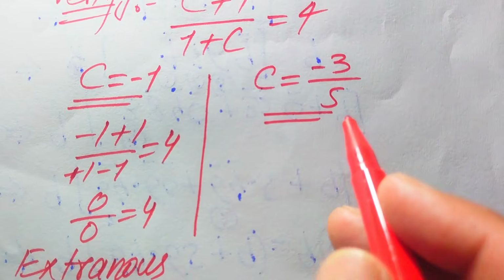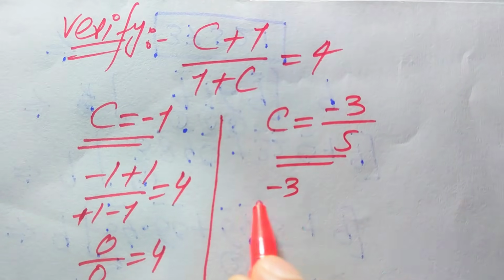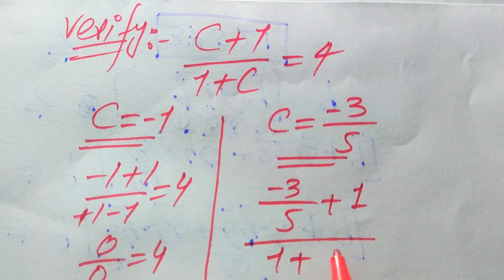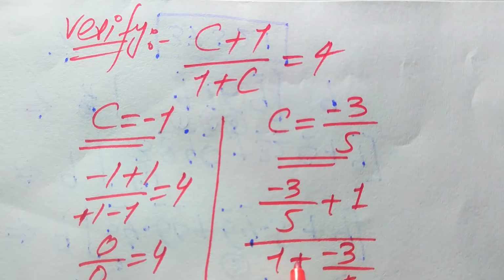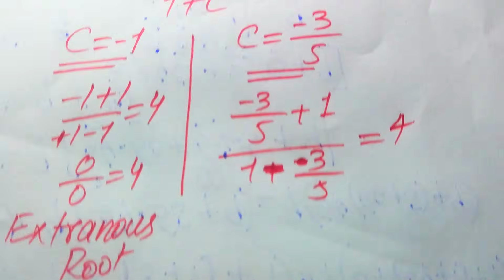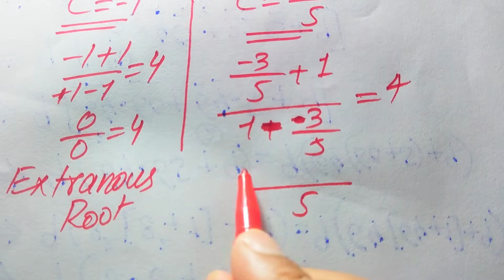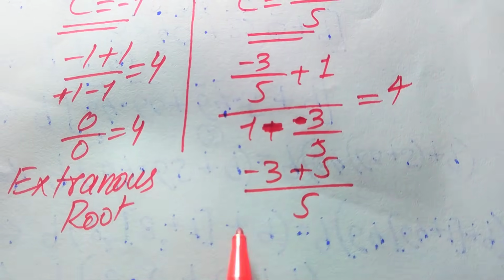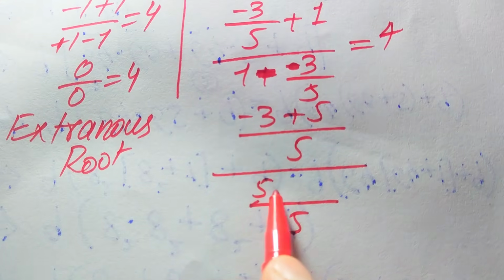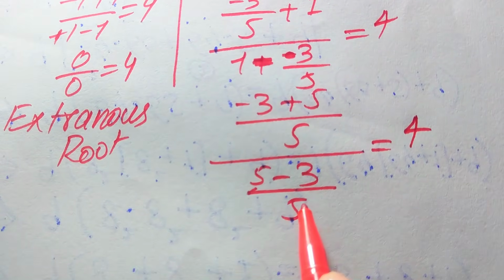Now in the same pattern we verify the second value of c, and when you put it here we get (minus 3 over 5 plus 1) divided by (1 plus minus 3 over 5), and this is equal to 4. Now we take the LCM of the numerator and denominator terms, and we get (minus 3 plus 5) divided by (5 minus 3), and we check whether this equals 4 or not.